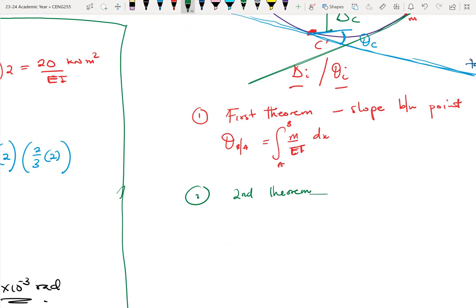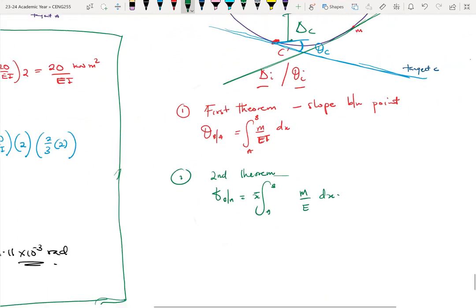The vertical deviation here is equal to the moment of the M over EI diagram. Okay, let me just put this one here. So this is the equation.